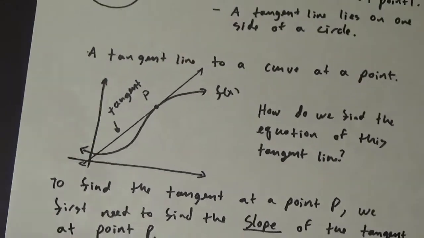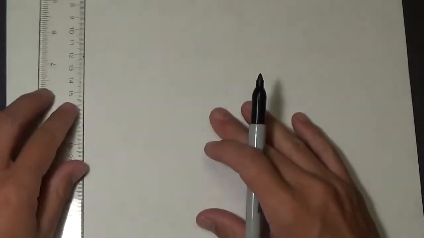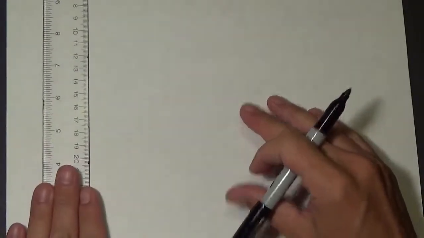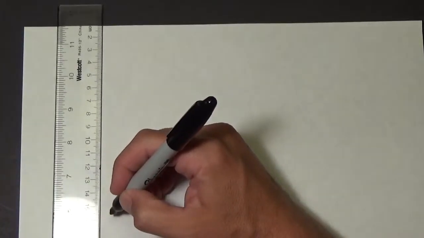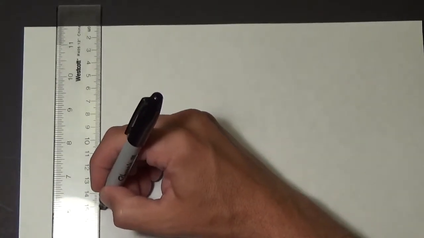Alright, so to answer this question, let's go through a little exercise here. And we're going to need a fairly big diagram. I'm actually going to even use my ruler. See, I'm going to go with this.